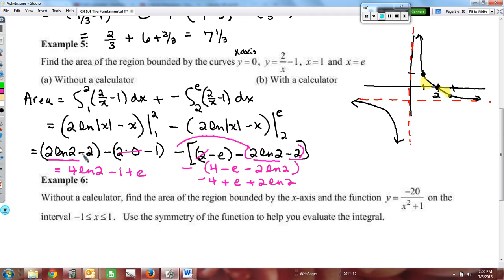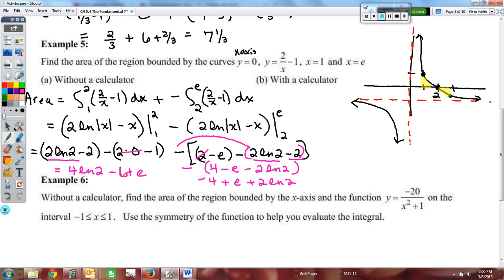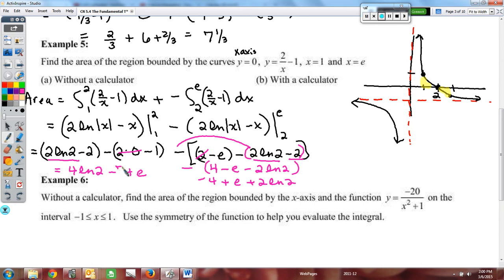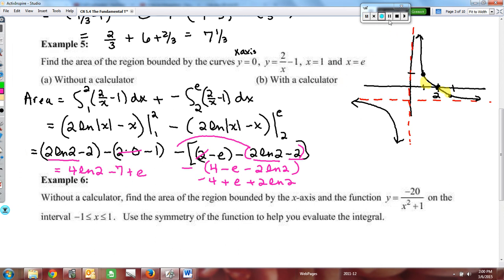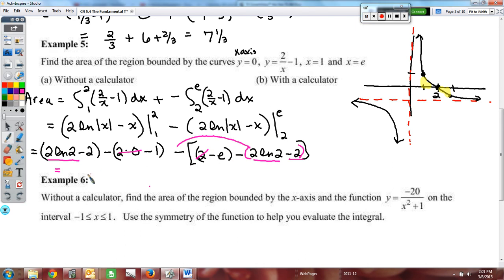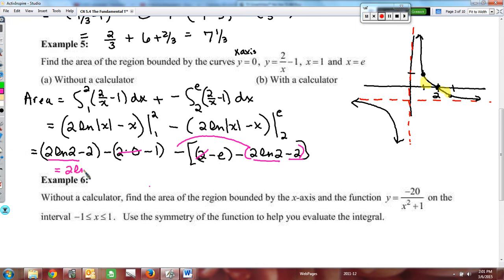I have a minus 2 and a minus 4, so I actually have minus 6, and another minus 1 makes it actually minus 7. The hard part is the arithmetic. All right, actually I'm going to stop trying to shortcut, and I'm actually going to just write everything out to make sure I get it right.